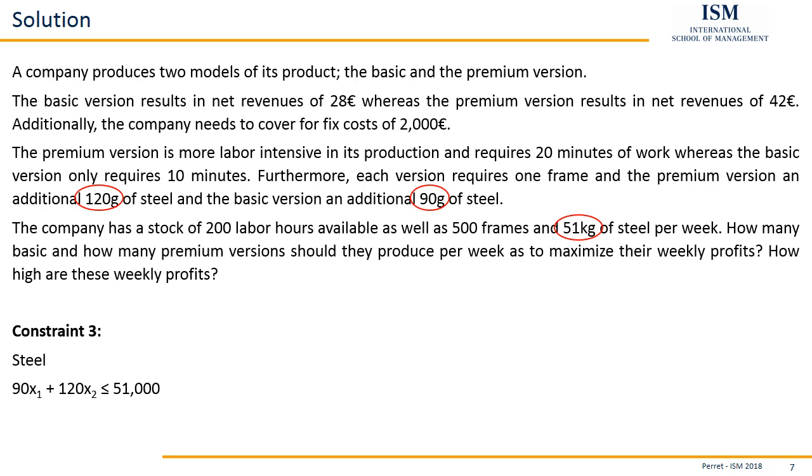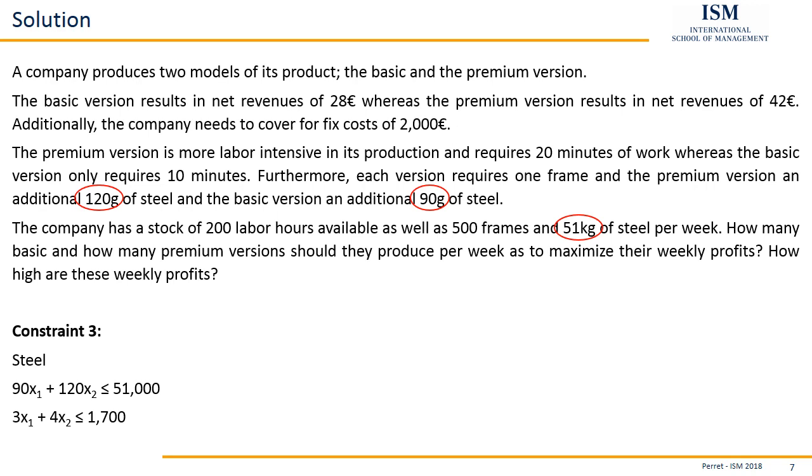This then can also be simplified a bit. We can first divide by 30. Then we get the simplified version on the left as 3x1 plus 4x2 is lesser than 1700. That's a bit smaller and easier to handle.